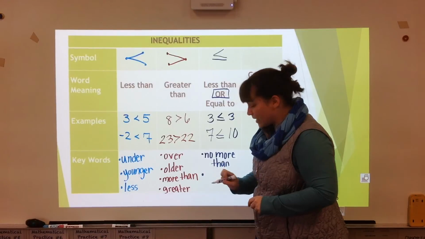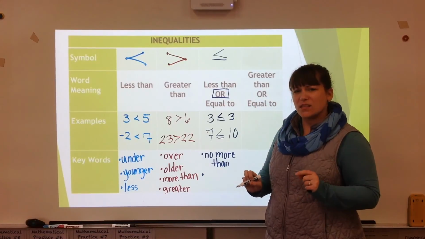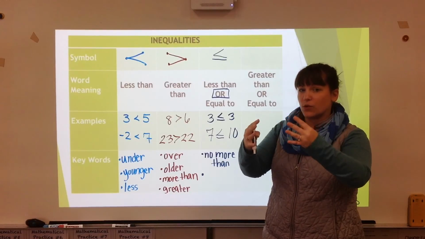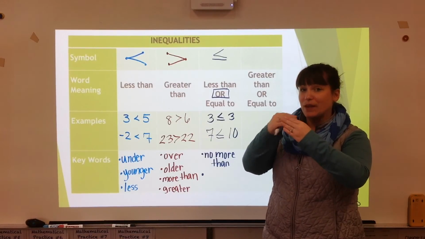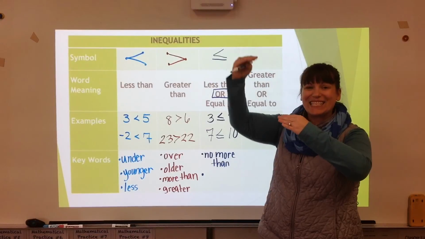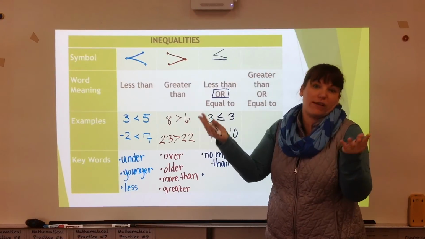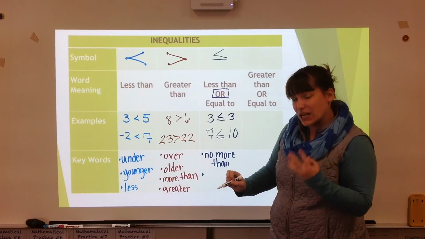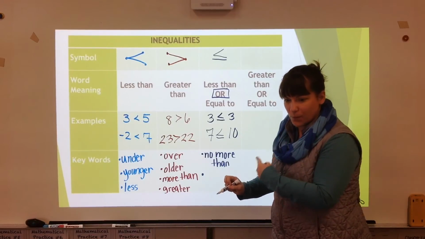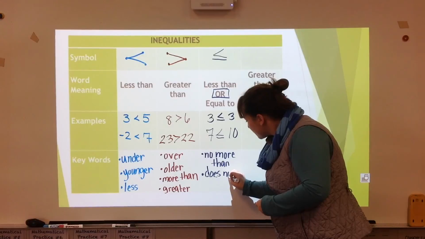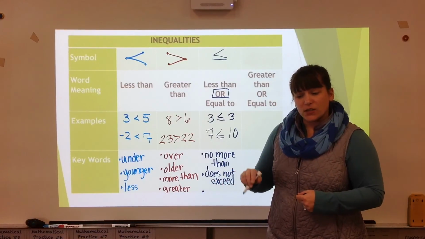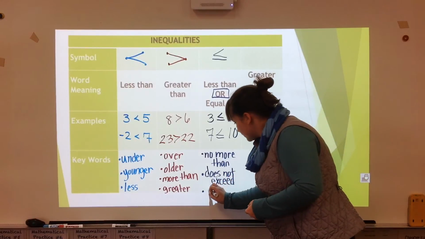The second one is this idea of exceeding. For instance, if I'm giving you $20 to spend, you can spend $20, but you can't exceed it or go above it because you only have a $20 bill. So does not exceed is a concept that you have to link to the symbol. The last one is the phrase at most.